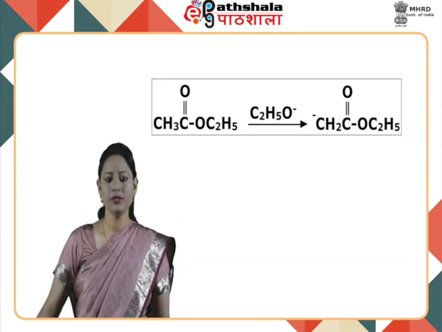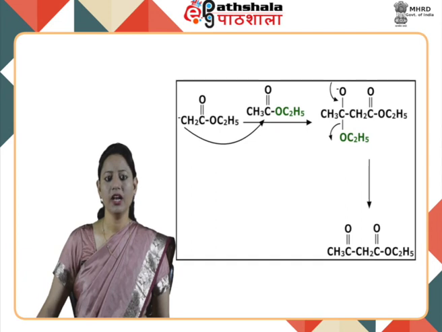This is Claisen condensation. Formation of beta ketoester from carboxylic esters is known as Claisen ester condensation. The mechanism involves the formation of carbanion from the ester by reaction with a base. Here you can see ethyl acetate when treated with ethoxide ion generates a carbanion after abstraction of the alpha proton.